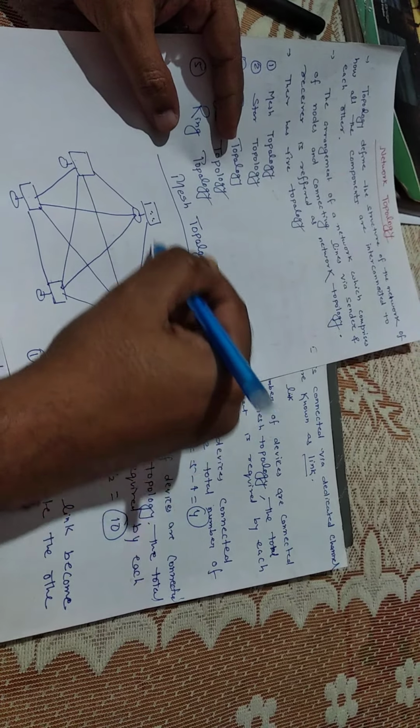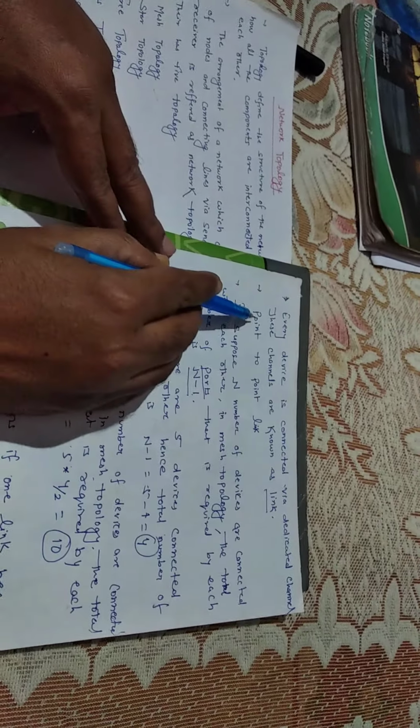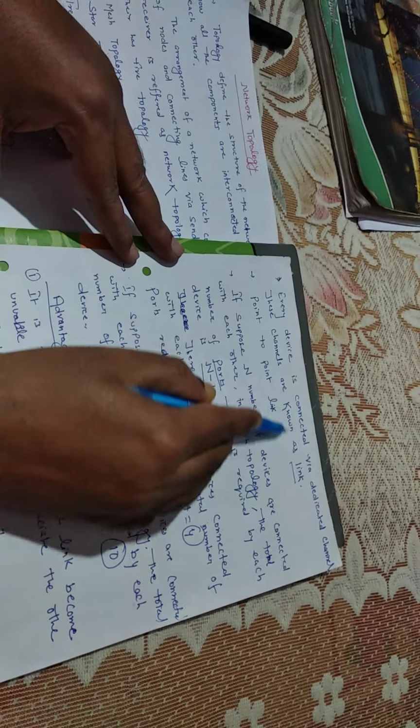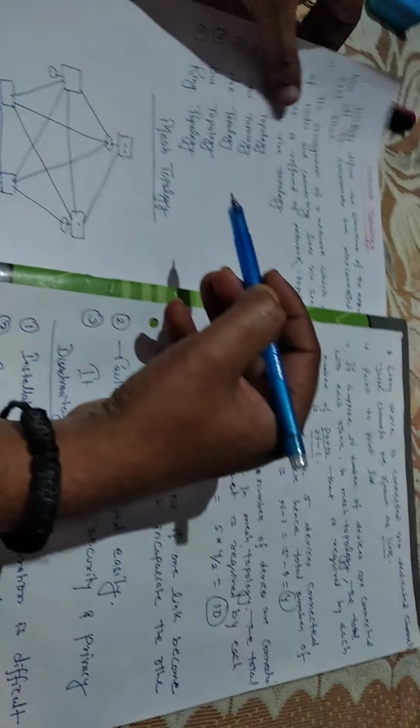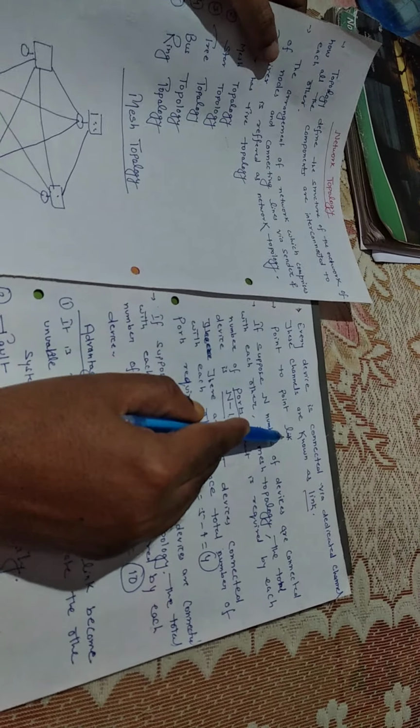So these are leased connections. This is a point-to-point link. All these channels are known as links, and these are point-to-point links.